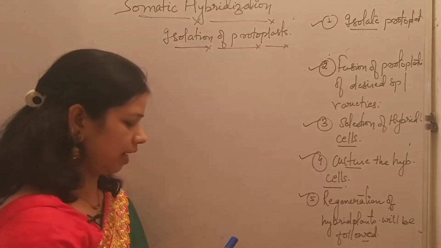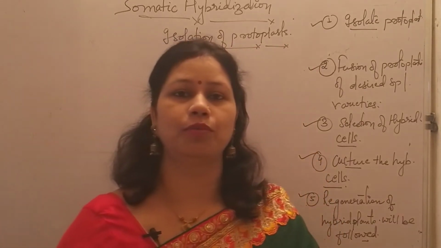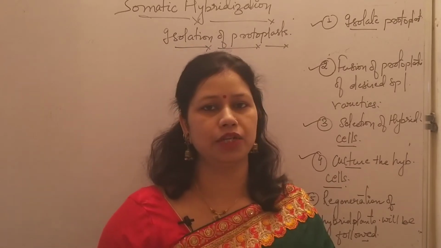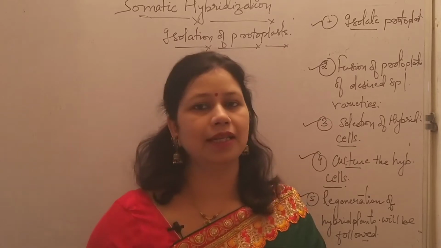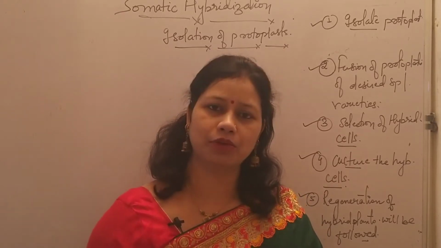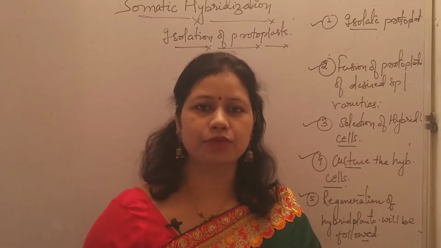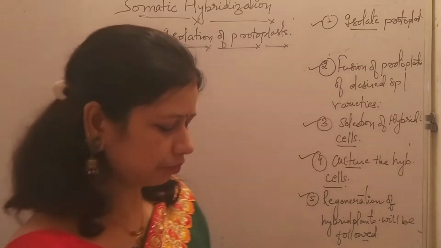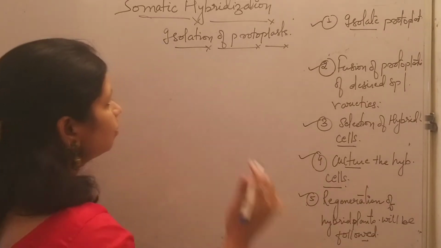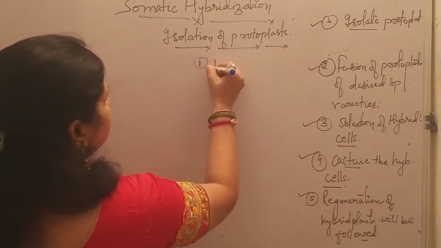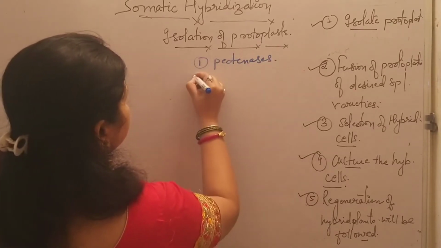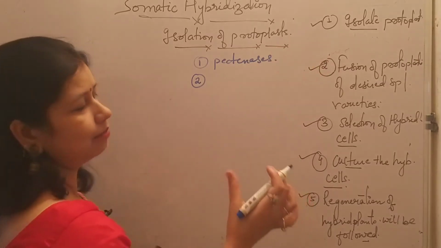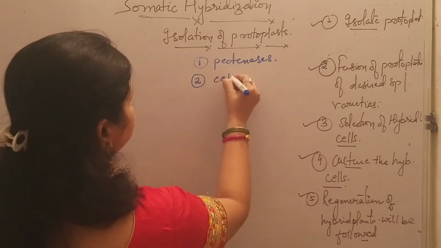As I have told you, for the isolation of protoplast from plant cells or plant tissues, we use different types of cell wall degrading enzymes. What is protoplast? Protoplast is the plant cell without cell wall. So, for the degradation of plant cell wall, we use enzymes known as pectinases, or macroenzymes, and cellulase.